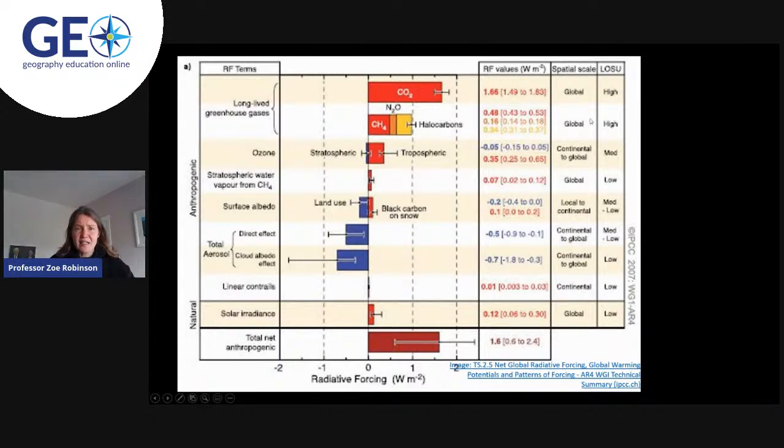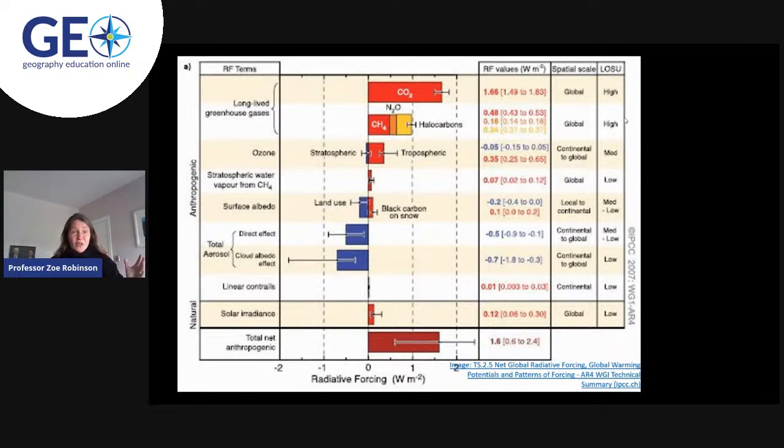We also can see that the far right-hand column, LOSU, stands for level of scientific understanding. What we can see is those first couple of rows of our long-lived greenhouse gases, we have high levels of scientific understanding.